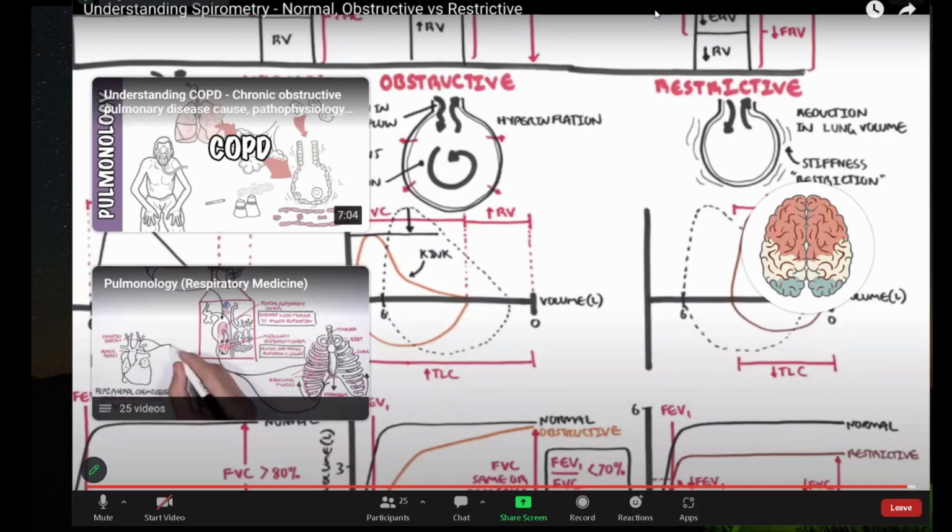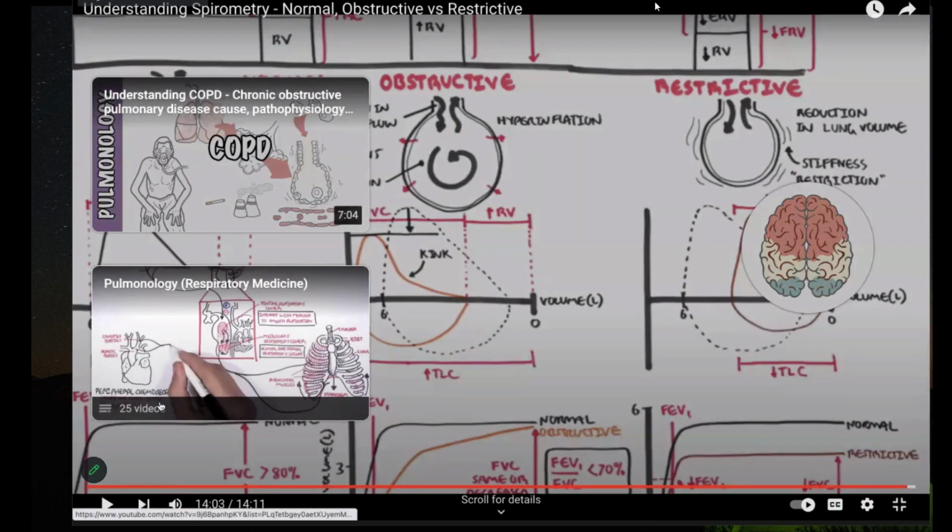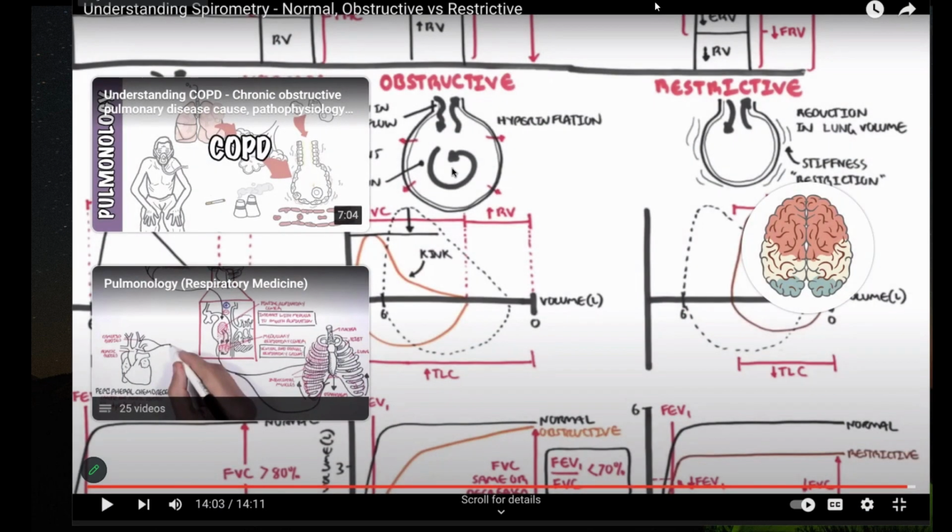What is the ratio FEV1 over FVC in obstructive and restrictive? Anybody there? Obstructive is lower than 80. The ratio FEV1 over FVC is lower than 70%.